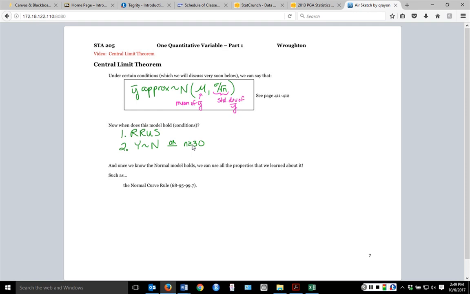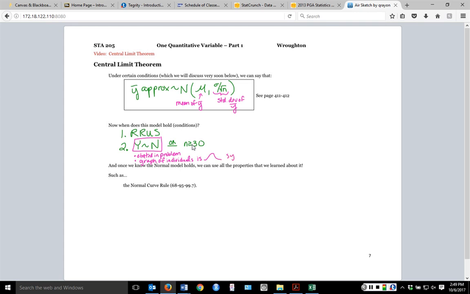Now what does this y distributed normal part actually mean? There are two different ways I can check this. The first one, it might tell me in the problem that something is normal. Or I can look at a graph, but it has to be the graph of the individual. So I'm not looking at rolling multiple dice, I'm looking at only rolling one die, and it is looking like a bell curve already.